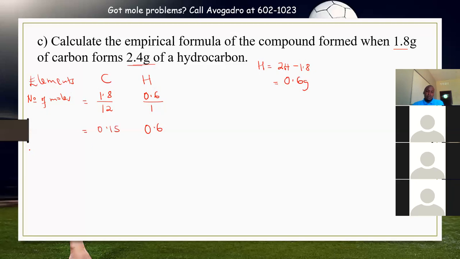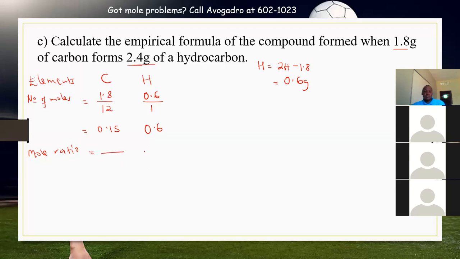So for us to know the actual ratio, we shall need to divide through by the smallest. Mole ratio of carbon to hydrogen, what will it be? What is the smallest number of moles here?